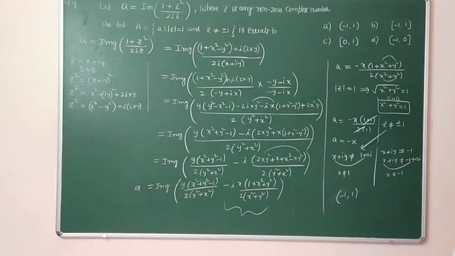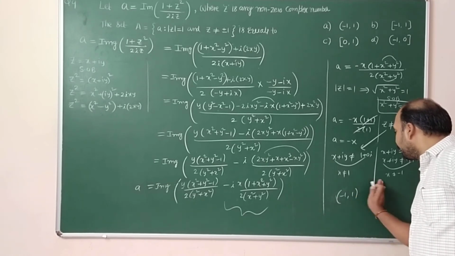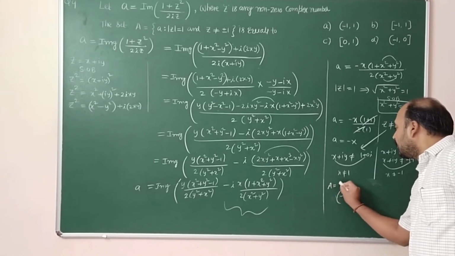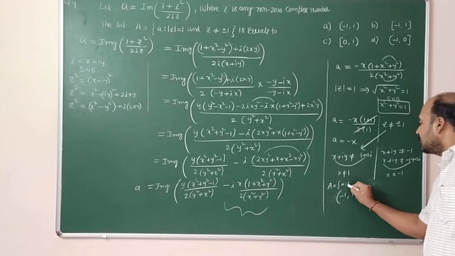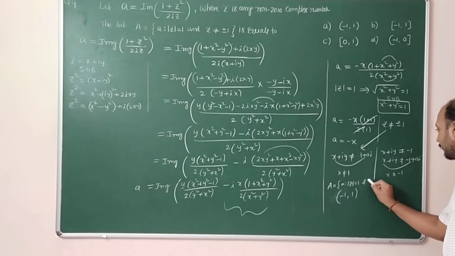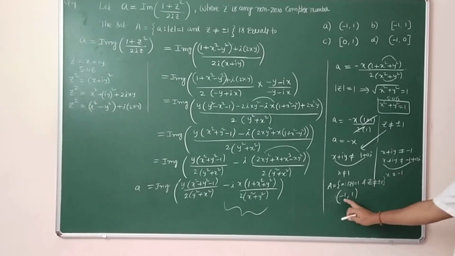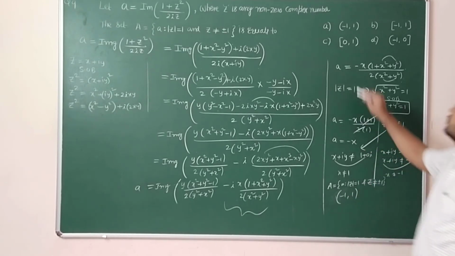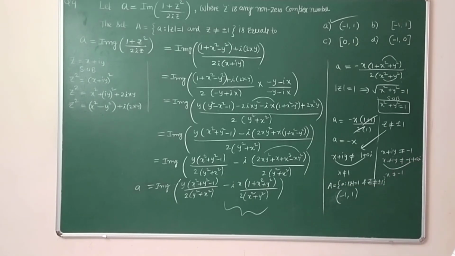The set capital A equal to small a, where mod z is equal to 1, and also z is not equal to plus or minus 1. So these conditions are satisfied for minus 1 and 1, which is there in the first option. We will move to the next question now.